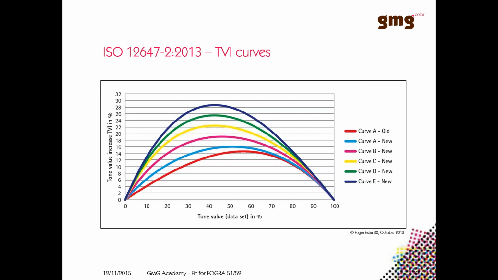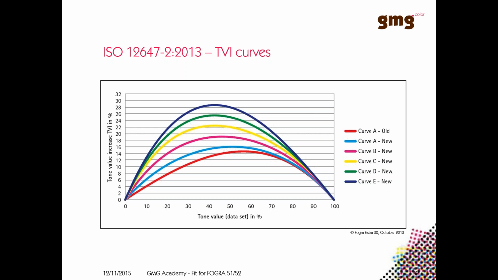In the past, the description of the TVI curves was affected by still having film copy and stuff like that. Now the new shape of the curves, you see here the lowest curve, the red one, is the old curve A versus the cyan one, which is the new curve A. So we see that the new definition of the typical TVI curve in the offset printing process shows more importance of a dot gain in the quarter tones mainly.